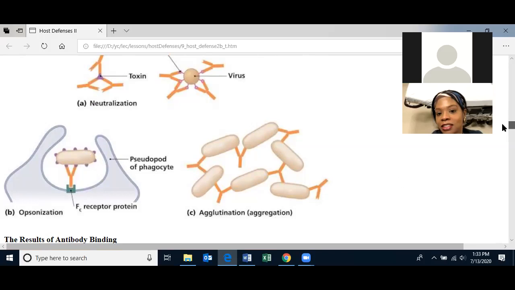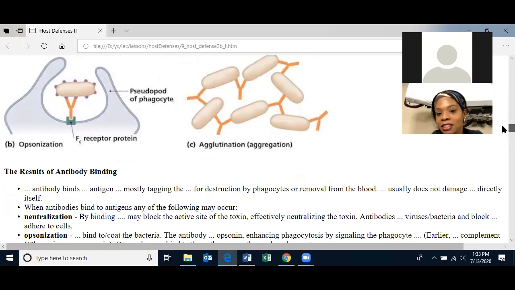So that's the main purpose of the antibody binding to an antigen, just flagging that antigen for destruction by the phagocytes and then removing it from the blood. The antibody usually by itself does not damage the pathogen. Okay? Usually it just flags it.